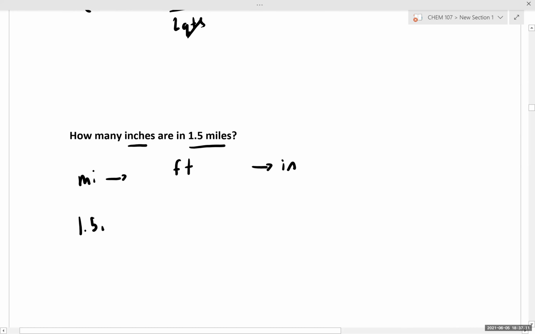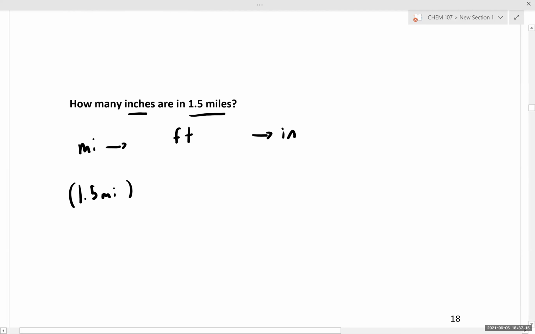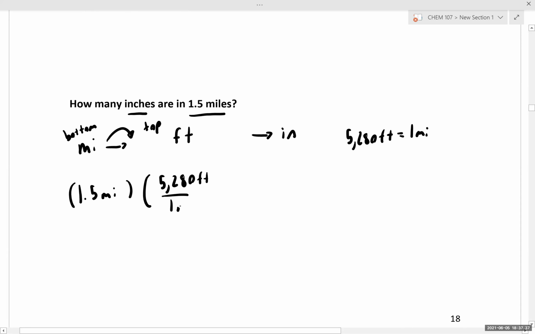So with that, starting with 1.5 miles, we know that there are 5,280 feet in 1 mile. Since we're converting from miles to feet, units of feet will be on top, units of miles will be on the bottom. So we have 5,280 feet per 1 mile. Miles cancel.